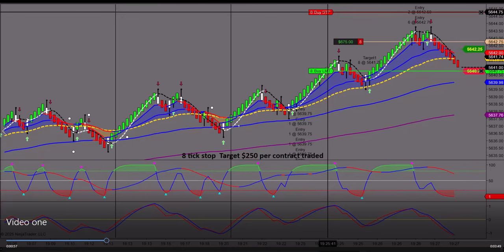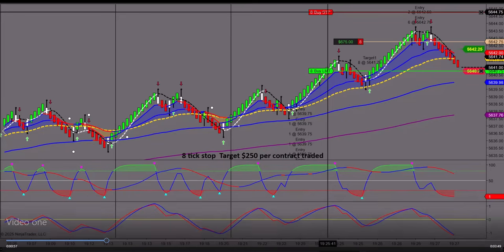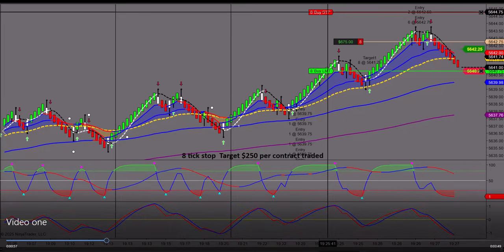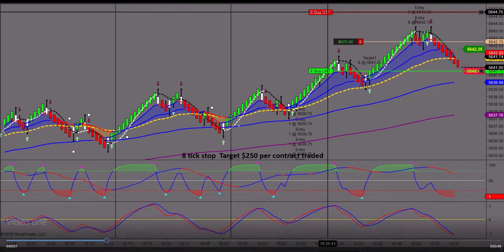Now, I didn't mean to enter so early. I was waiting for it, and I went to put a limit order in to sell, but I didn't put it in correctly, and I got filled immediately. Why? I was looking at the chart and wasn't looking exactly on the dome at the time correctly.